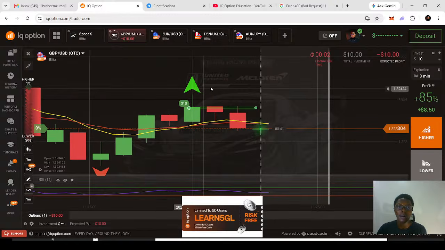As you can see, right when you see the fractal appearing here, you just have to go ahead and close your trade, because it's not going to work for you. Okay, we have conflicting signals, and also, as I have told you, we are just using the fractal that appears around here, but we should be using the fractal that would appear around here.